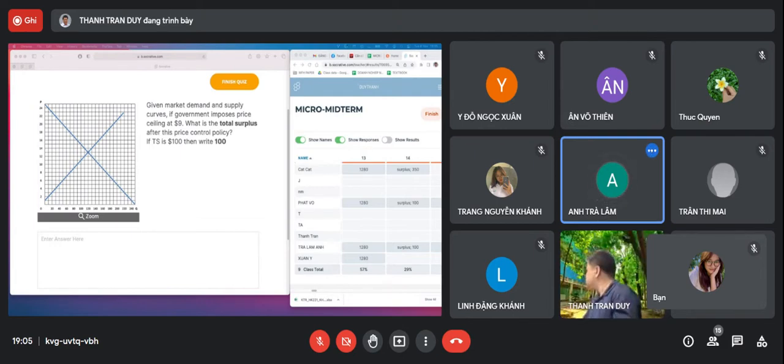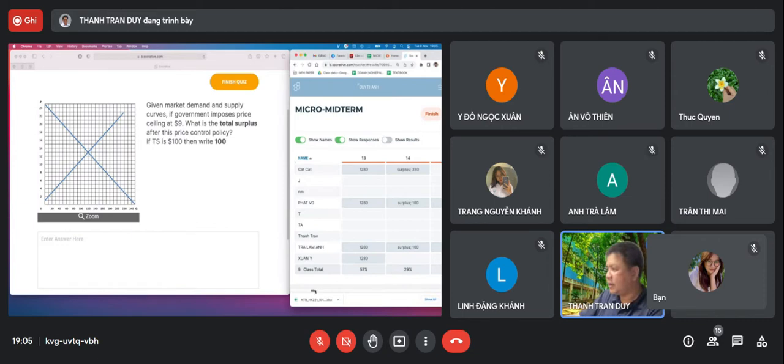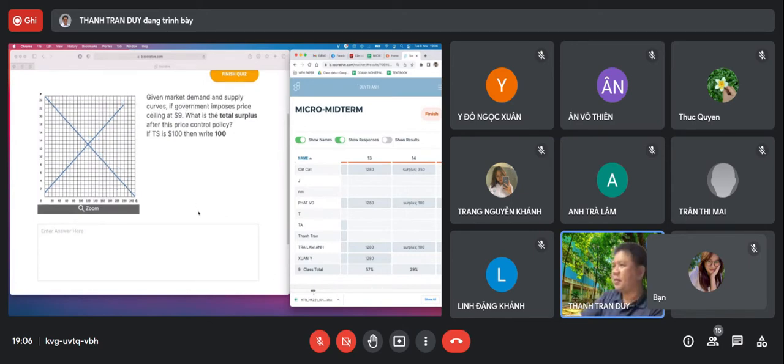Consumer surplus plus producer surplus, so you take 960 plus 320, and we have 1280. Okay, that's very easy, right?